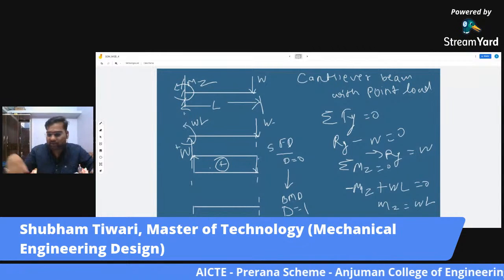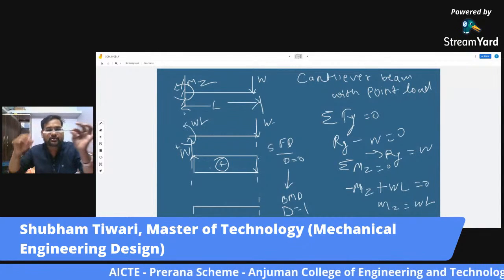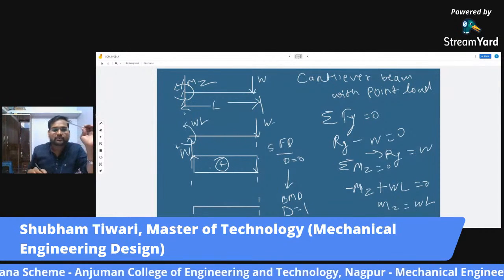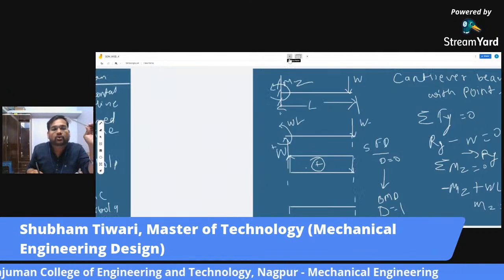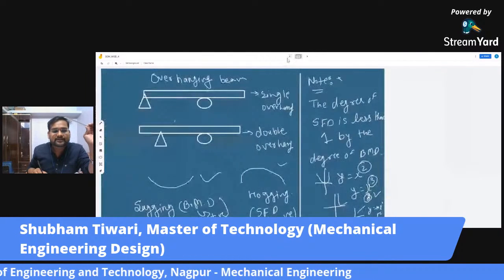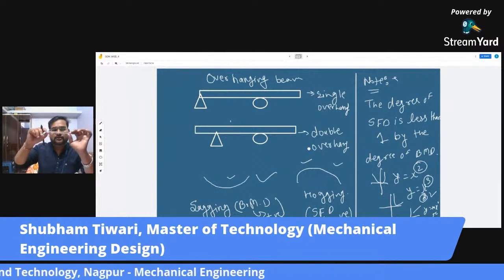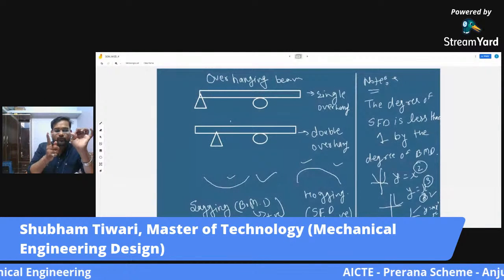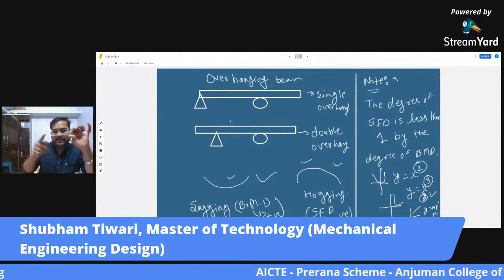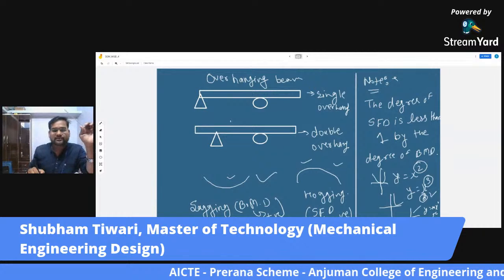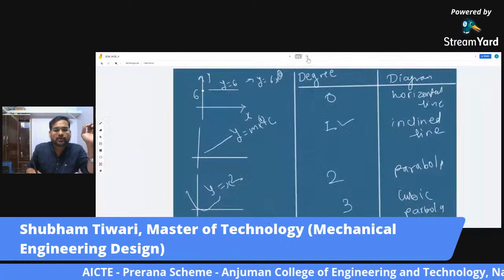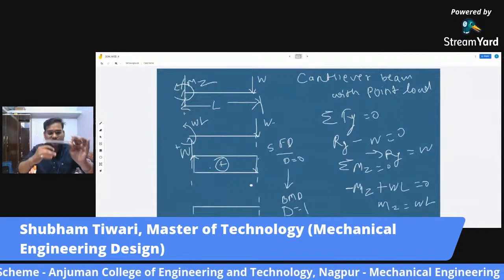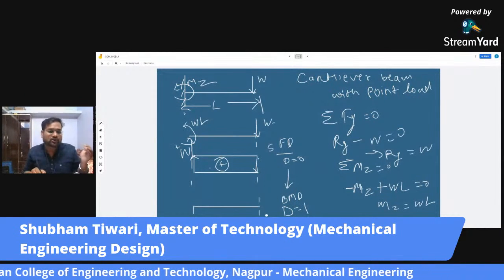Now if you imagine this beam and I am applying this load, is it sagging or hogging? So this is sagging and this is hogging. This is what is happening to the beam. It is bending downward, that is hogging, and it is negative in nature. So our bending moment diagram will go below this line, in the negative quadrant.